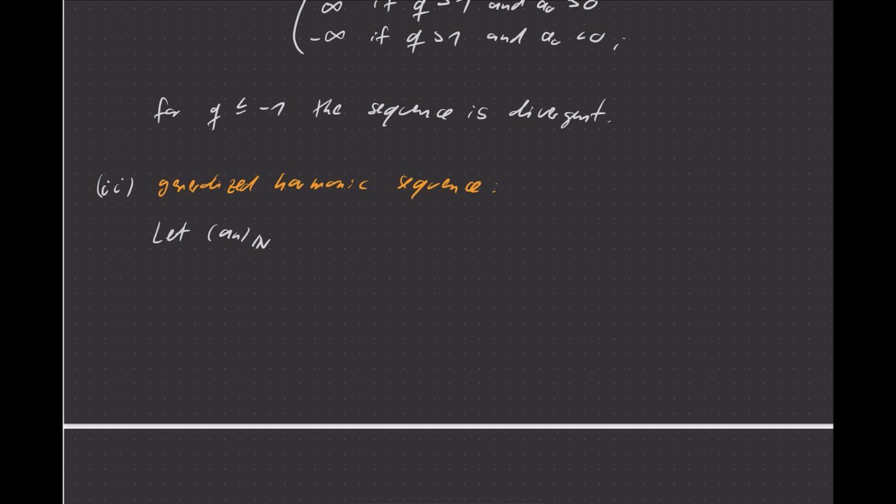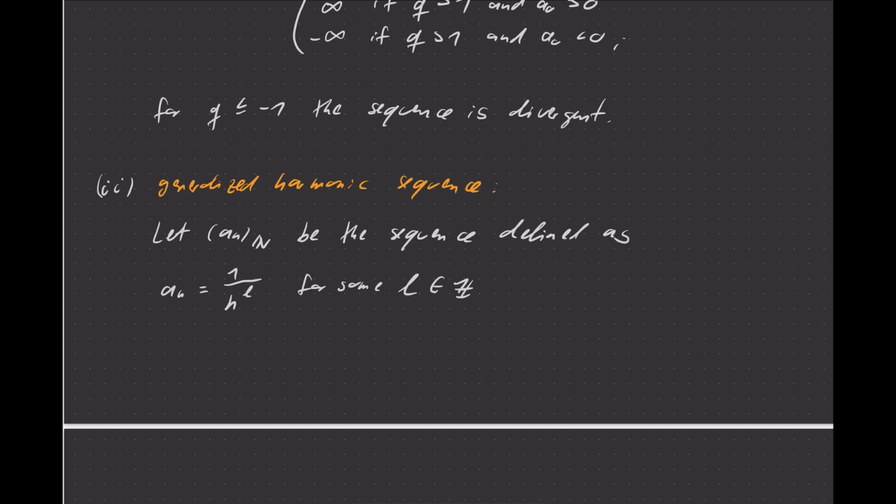We have to exclude that. And let that be the sequence defined as AN equal to 1 over n to the power of L for some L in the integers, possibly negative integers.